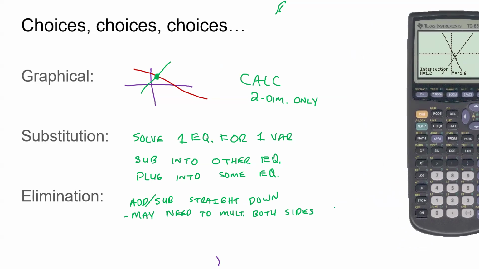If you had 2x minus y equals 4 and x plus 4y equals 8.